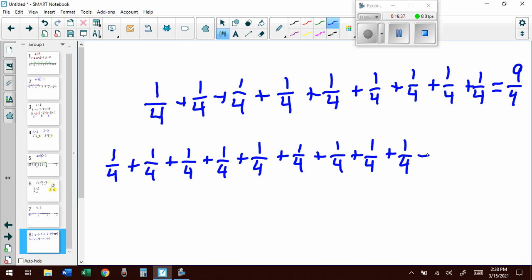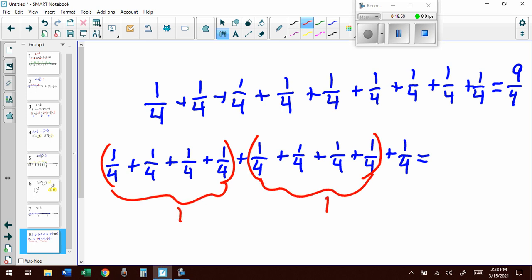We ask ourselves how many fourths are in one whole. We'd know that 4/4 equal one whole. So we have one, start here, 1, 2, 3, 4. There's one whole. 1, 2, 3, 4. And there's one whole. We have one whole plus one whole plus 1/4. We know that 1 plus 1 is 2, and we have an additional 1/4.